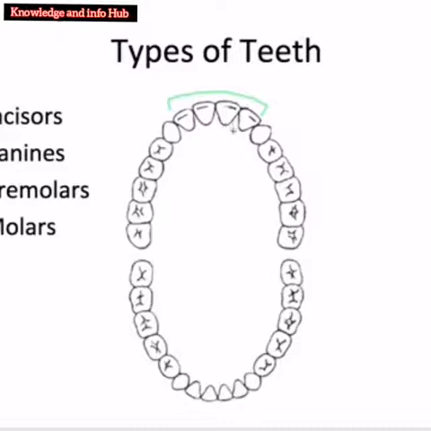They're of course important for aesthetics because they're in the front, and they're important for phonetics, like if you're pronouncing F and V sounds, you'll notice that your incisors contact your lower lip. Now the canines refer to these teeth right next door to the incisors, and the canines are important for tearing and holding food, and also important for aesthetics.